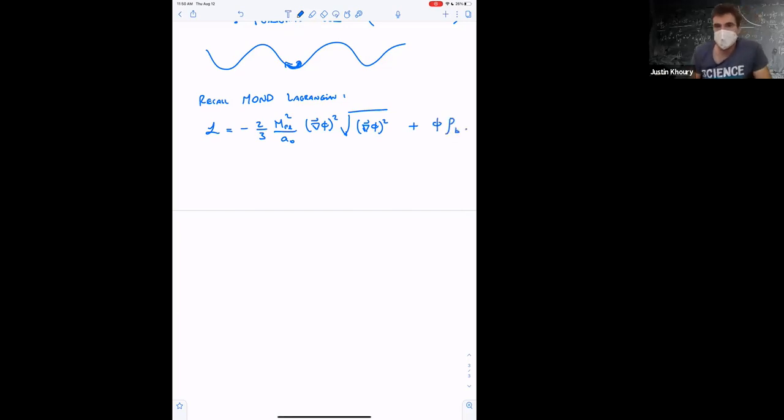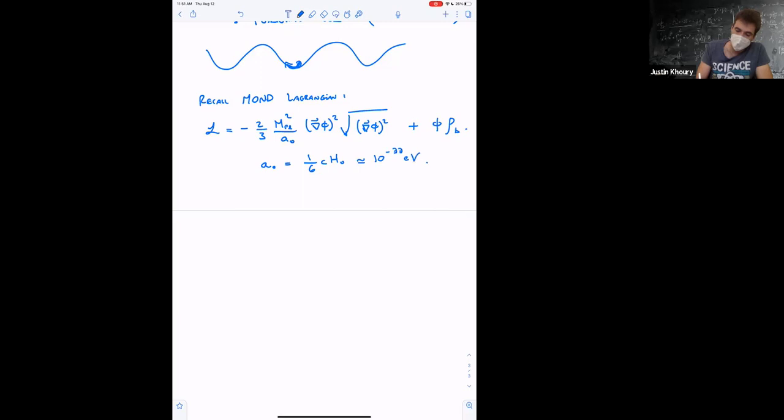Okay, I think in my slides, I had a 1 over M Planck in the last term. That was a typo. Okay, I think this is the correct action. This is the Bekenstein-Milgram action. And you'll recall that this A naught characteristic acceleration is 1/6 the speed of light times the Hubble constant, which in natural units is approximately 10 to the minus 33 electron volts.